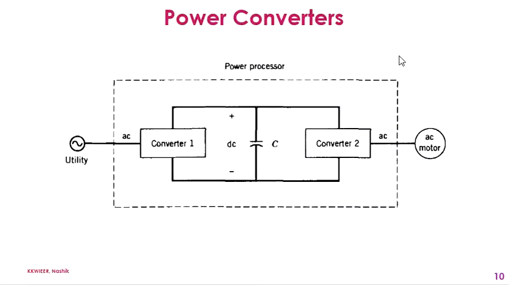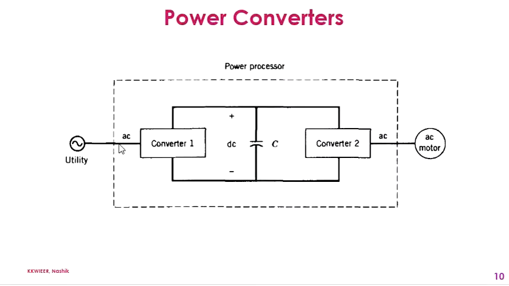And what I said in the last slide, that the flow of power may be reversible. In this case we can see that the flow of power in the normal mode is from the utility input source to the output motor load. But during regenerative braking, the power flows in the reverse direction from motor to the utility.